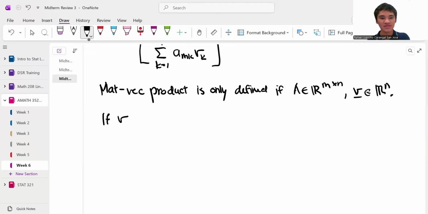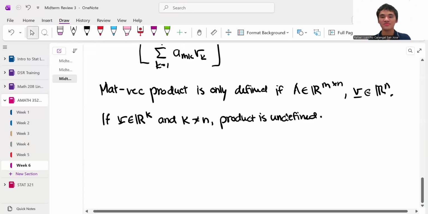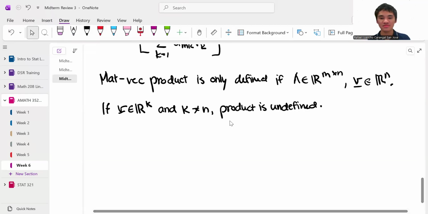If, let's say, my v is in R^K and K is not N, then the product is undefined. Or in other words, this doesn't work, because we can't do a dot product where we don't have an equal number of entries, we can't multiply something from A to v. Okay?